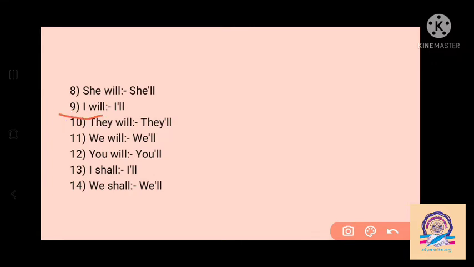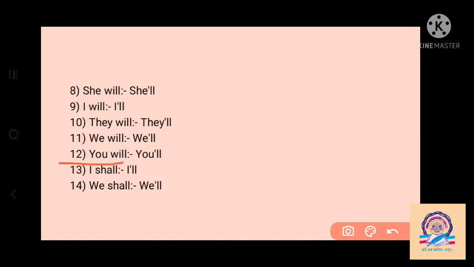Then "I will", we can say "I'll". Then "they will" is there, then we write "they'll". We remove "wi" and use the apostrophe here. Then "we will", or once again "we shall", we can also say "we'll".